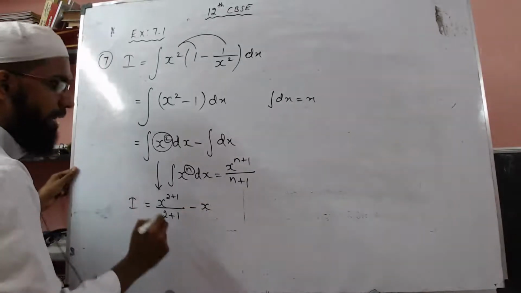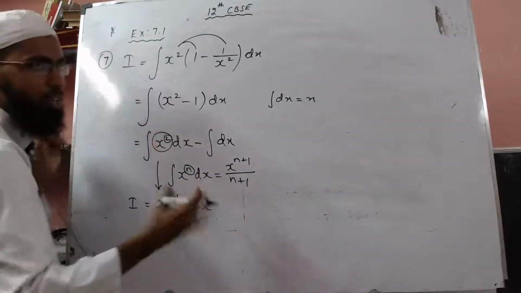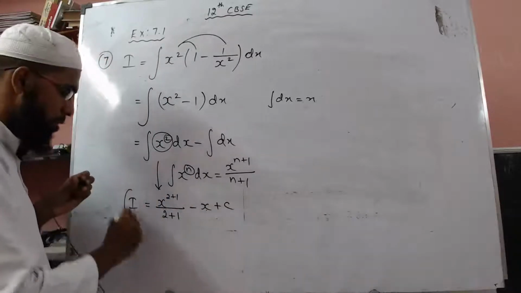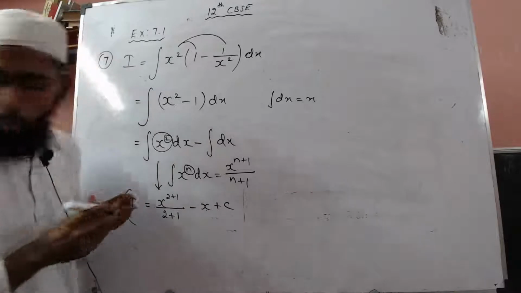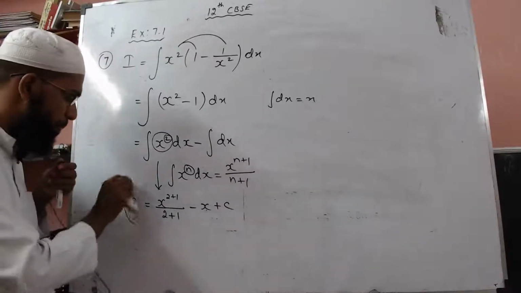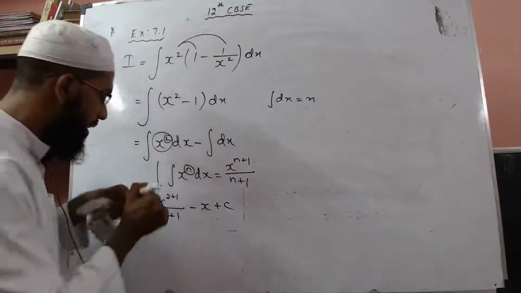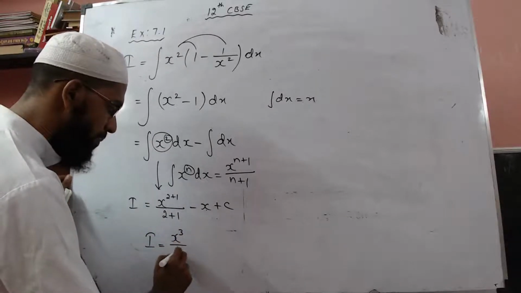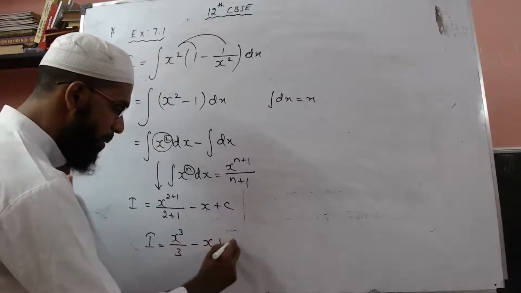Whenever we do an indefinite integral, when there is no limit, we put plus c, a constant. 2 plus 1 is nothing but 3. So I equals x power 3 by 3 minus x plus c.